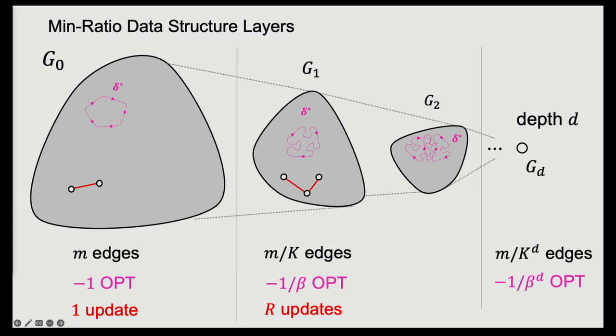Okay? But now that's going to happen across every level. So we're incurring r updates at level 1, and then r squared at level 2, r to the d at the bottom. So this number of updates, like how much they multiply, is another one of these numbers that has to be small still when you raise it to a power d.